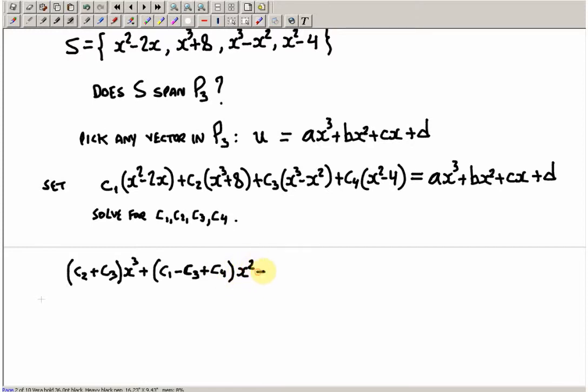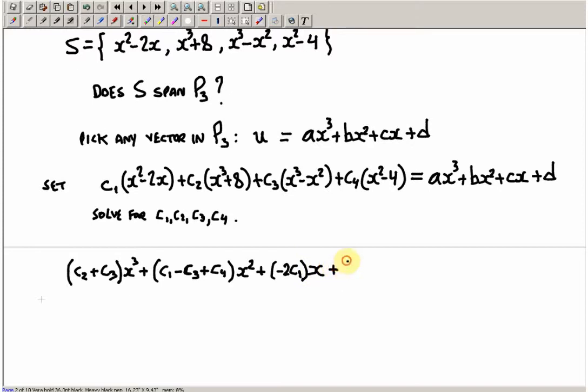Alright, let's collect all the pieces for the coefficient of just x. Here's one, it's negative 2, multiplied by C1. So negative 2C1. There's no x in here, there's no x in here. So that's the only piece we found for x.